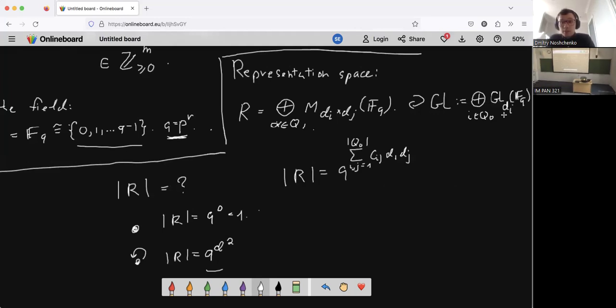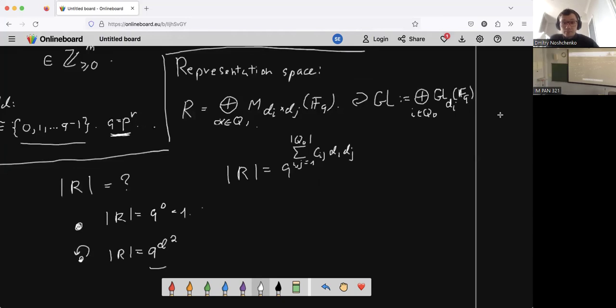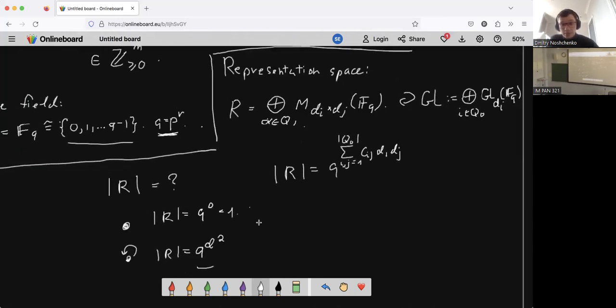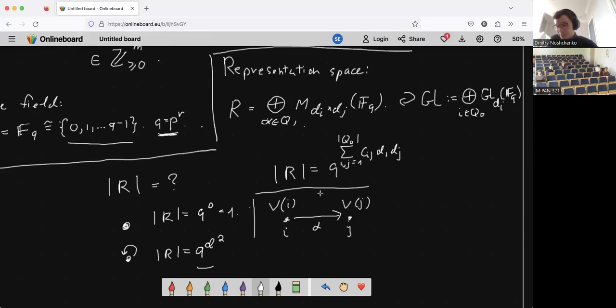And how is this action explicitly defined? What we can write is conjugation of matrices. Essentially, let's say we have a pair of nodes, and there is an arrow alpha going from i to j. We have a pair of vector spaces, V_i and V_j. This is a slight abuse of notation, but usually in the literature on quiver representations, people use V for both vector spaces and linear maps.